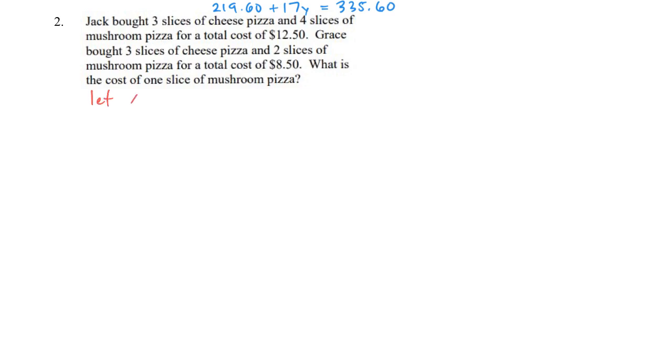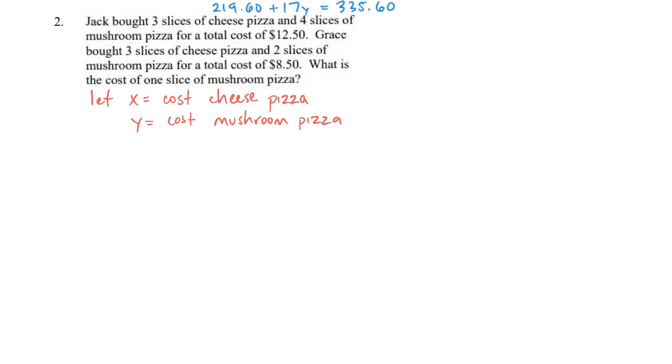We're looking for cost, so we're going to let x equal the cost of a cheese pizza, and we're going to let y equal the cost of a mushroom pizza.